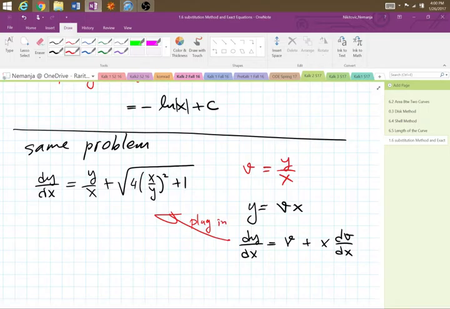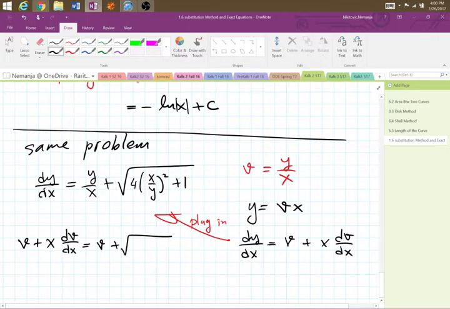And that one is going to be dy/dx, it's v plus x dv/dx is equal to y over x. We said that's v, so v plus the square root of 4 over v squared plus 1. Because y over x is v, then x over y has to be 1 over v, right?